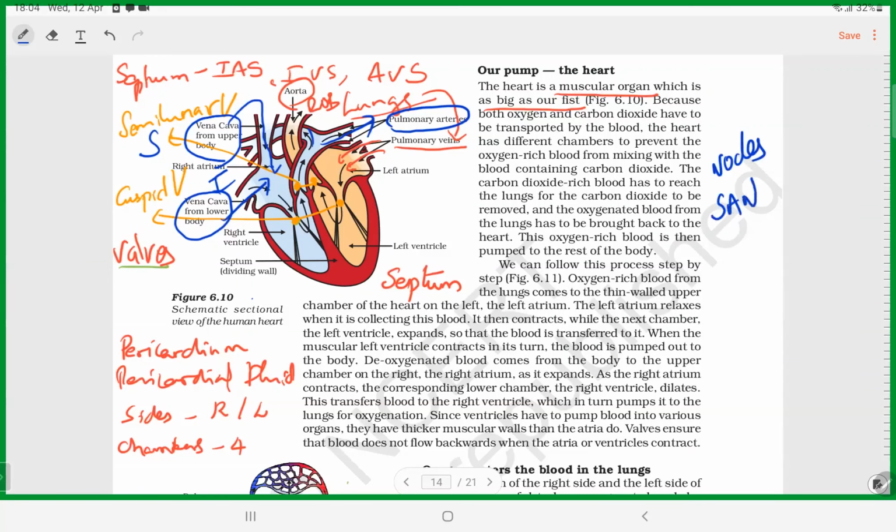SA node, SAN, and atrioventricular node. SAN is present in the atria, AV node is present between the atrium and ventricle, right side atrium and ventricle. There we can see SAN and AVN. SAN means sinoatrial node. SAN stands for what?